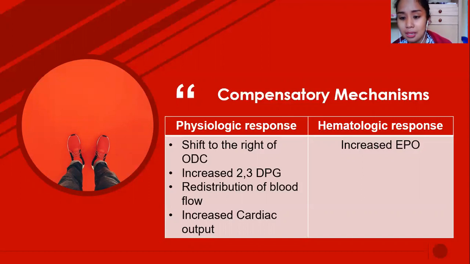So, number 1, example dito, hematologic response, it will increase its EPO, erythropoietin. So, the peritubular cells in the kidneys will produce more EPO if they sense that there is decreased red blood cells. Pero example, class, if we have refractory anemia, it means it's unresponsive to EPO therapy.